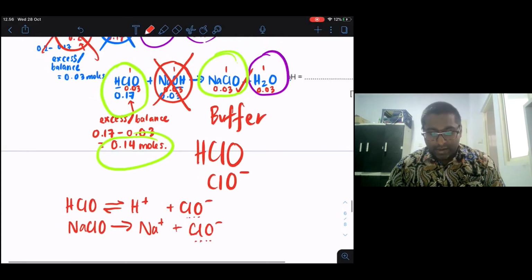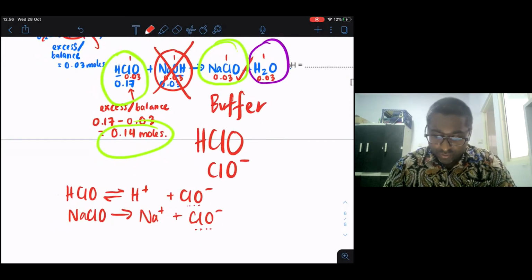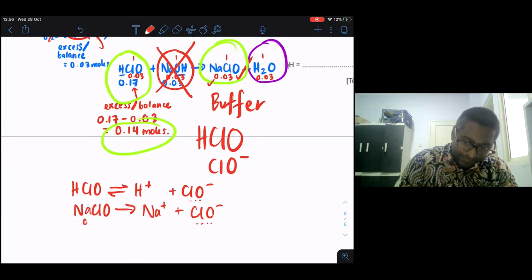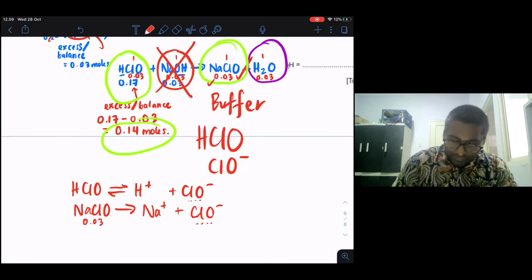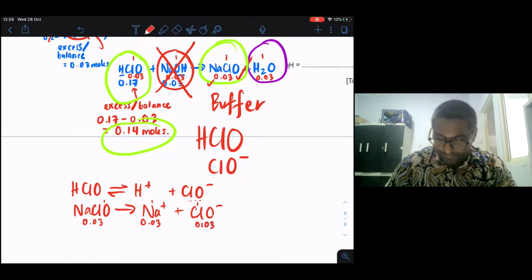Let's put it down in terms of number of moles. The number of moles of NaClO is going to be 0.03. This is 1 mole giving 1 mole and 1 mole, so 0.03, 0.03.